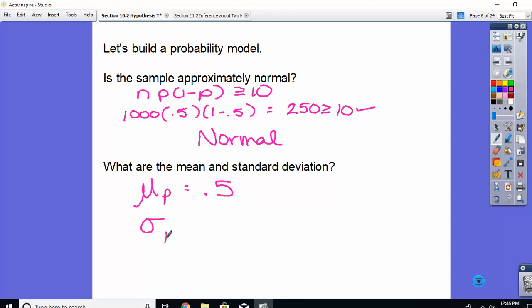Standard deviation. Okay, so that is when we did our square root of p times 1 minus p over 1,000.